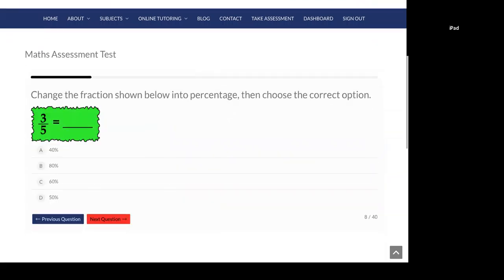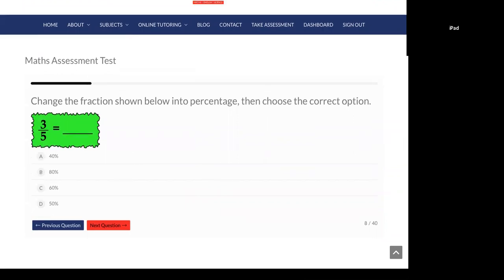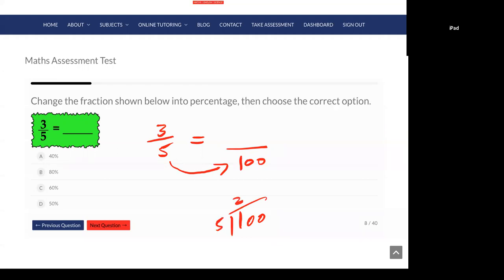Again, a 3/5. Let's convert that into a percentage. 3/5. Now we know that a percentage is always out of 100. So how many times can 5 divide into 100? So we just do 100 divided by 5 very quickly at the bottom here. So 5 goes into 10 twice, and 5 does not go into 0, so we just stick that 0 on top.